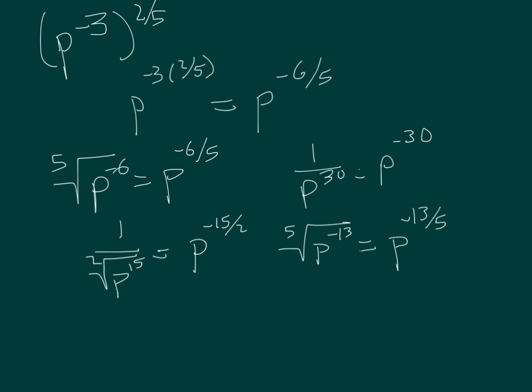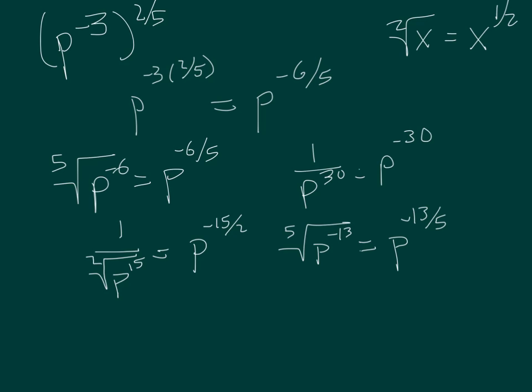Think about it, if you do the square root of x, that is the same as saying x to the 1/2, right? And that's understood to be a 2 here. This number goes to the denominator. This exponent goes to the numerator. So that 13 is in the numerator on that one.